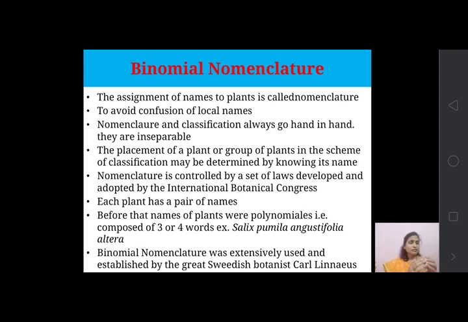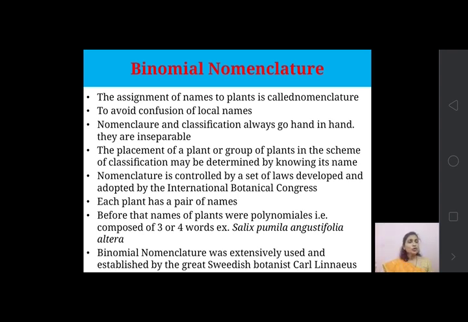Then you can classify that particular plant in a particular scheme of classification.